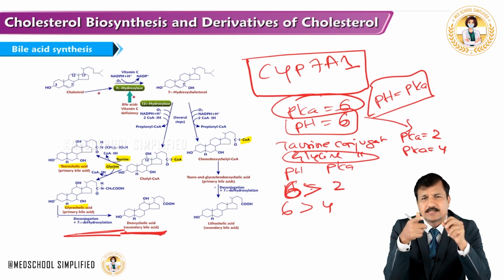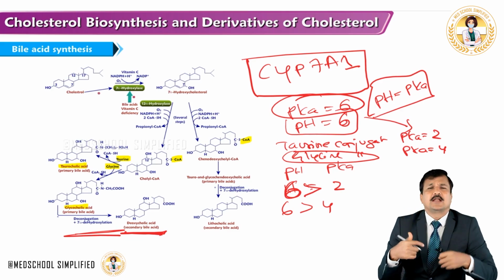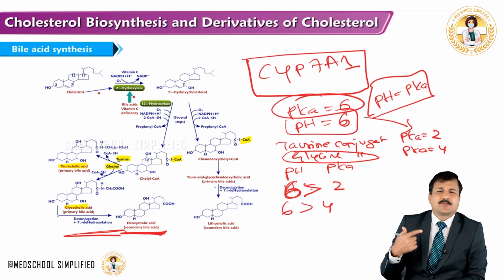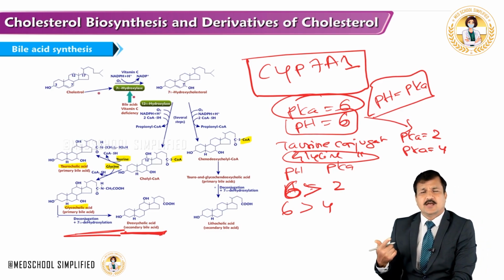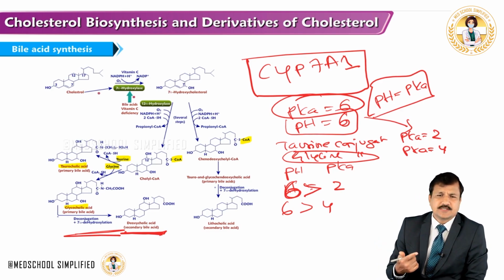These two are relatively less water soluble than the primary bile acids. Out of this, lithocholic acid is the one that is predominantly excreted out of the intestine in the feces.